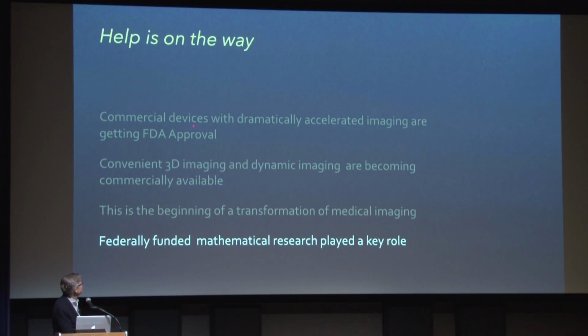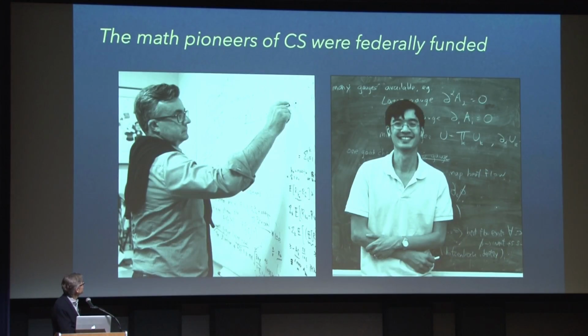So I've mentioned that we're seeing big advances in the speed of MRI scanners that are coming to market and near market. I did want to point out that mathematics has been important for its advance. I also want to point out to you, if you happen to be congressmen, this might be important, that math research is federally funded.